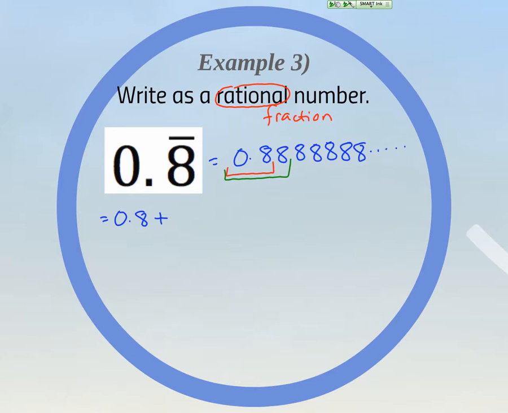Now I took this 8 out, so it becomes 0.08. So there's not an 8 there anymore because I took that one out already. So you can probably guess that I'm going to add the next chunk, right? So it's going to be 0.008 for the next chunk.